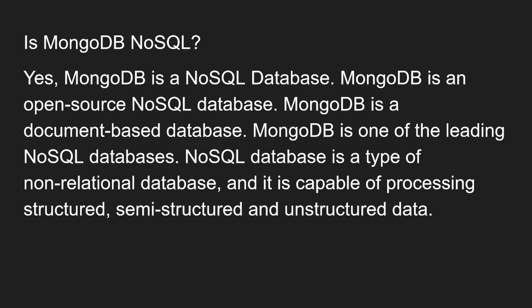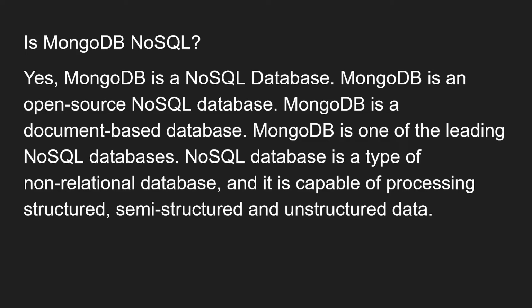NoSQL database is a type of non-relational database and it is capable of processing structured, semi-structured and also unstructured data. So these are the different types the NoSQL can handle.